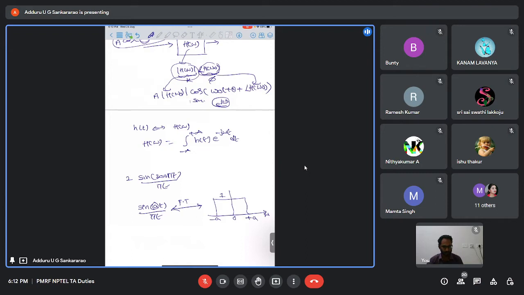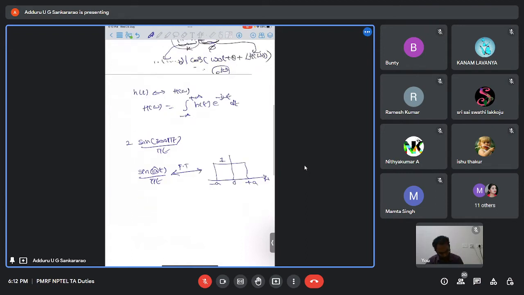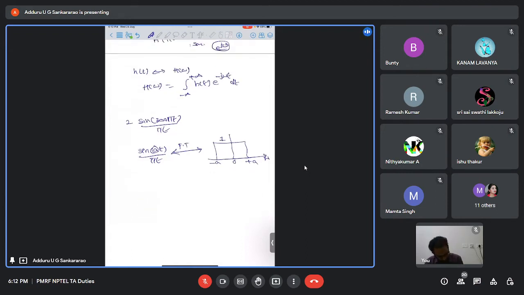So from this we can find the Fourier transform of this one. Here a is 300 pi. So from minus 300 pi to plus 300 pi in the omega domain, with amplitude 2.